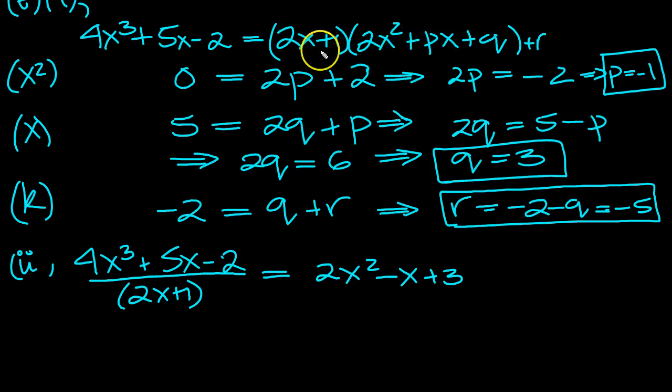But when we divide all the way through the equation, all three objects, we get an r here, don't we? So r is minus 5, so let's put minus 5 over the 2x plus 1.